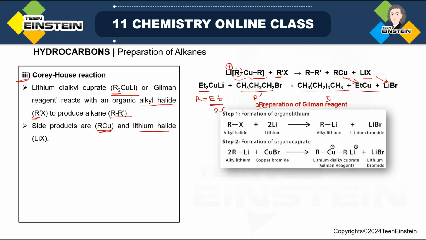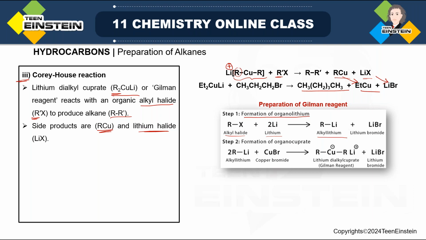Now, how can we prepare the Gilman reagent? That is the next question. That is how you can prepare lithium dialkyl cuprate. For that, you have to start from alkyl halide and lithium. You will get first the formation of organolithium or alkyl lithium.